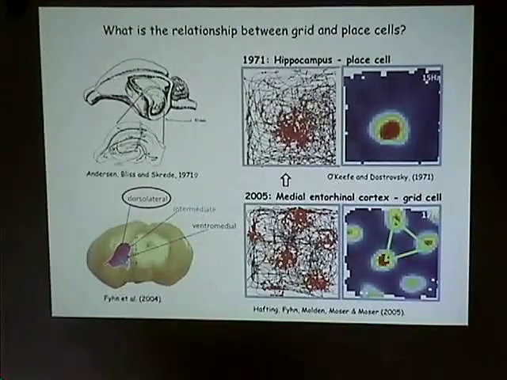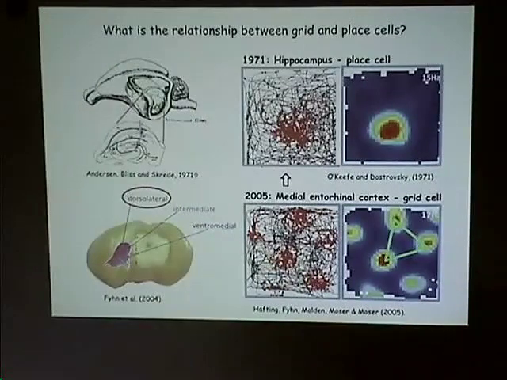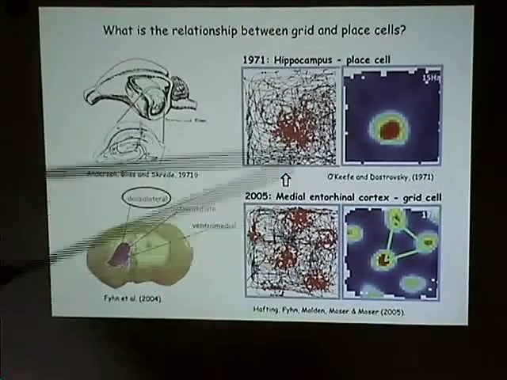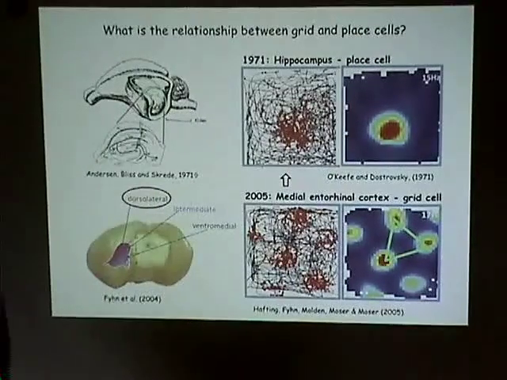And because these grid cells were most prominent and most periodic, regular, in layer 2 of medial entorhinal cortex and also in layer 3, it was not unreasonable to suggest that they might provide some sort of input to the place cells.